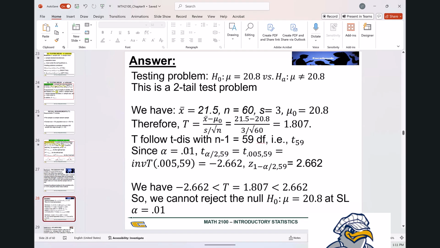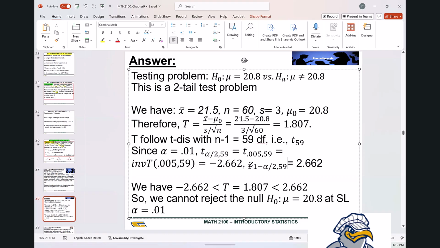So in this case, because your alpha is 0.01, T alpha by 2 will be just 0.005, with 59, n minus 1, degrees of freedom. So here, just do invert T of 0.005, 59, plug in and you get this value. The same thing, you can also do invert T of 0.995, 59.